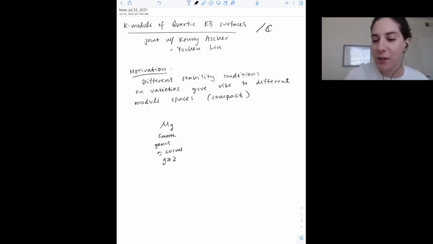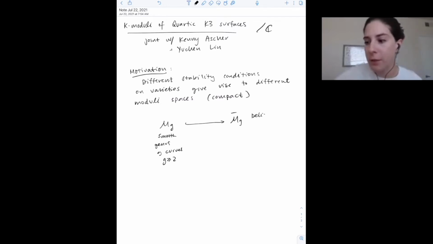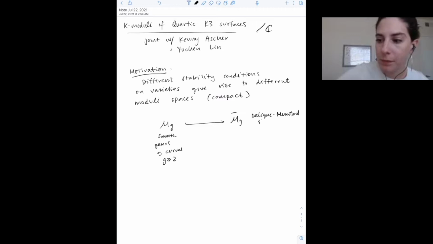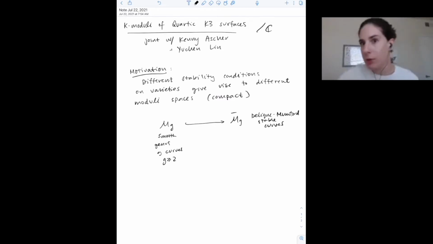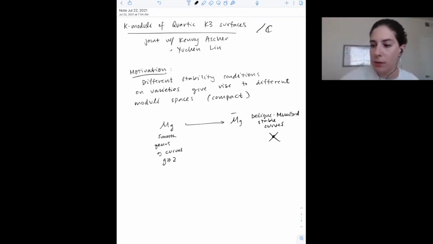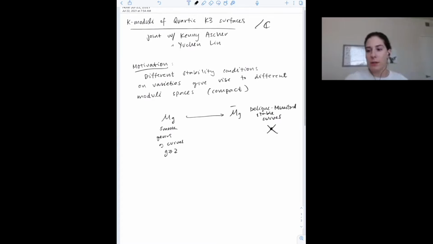And all of our smooth genus g curves, they're in the standard compactification M_g bar of Deligne-Mumford stable curves. Which are curves with ample canonical that have possibly at worst nodes as singularities. So this is some stability condition we place on the objects we're parameterizing.